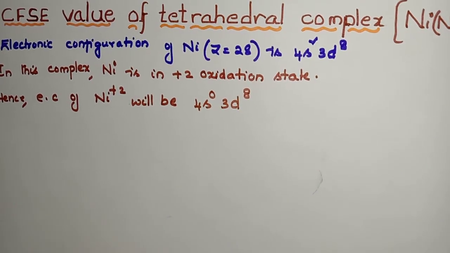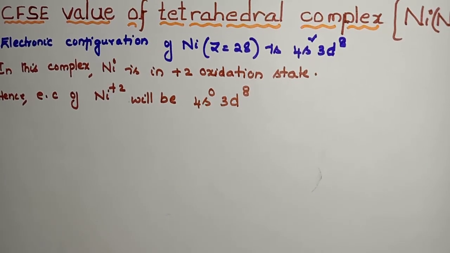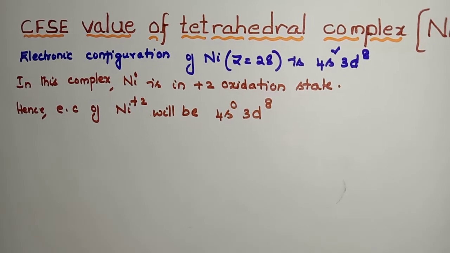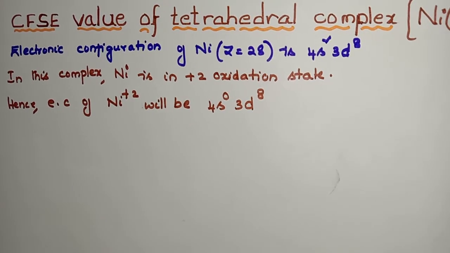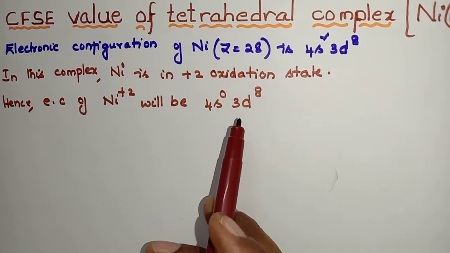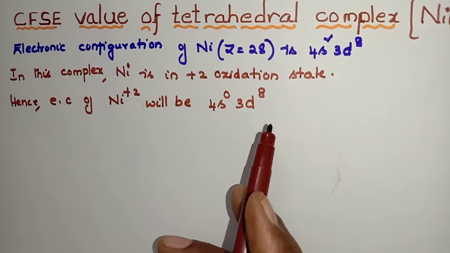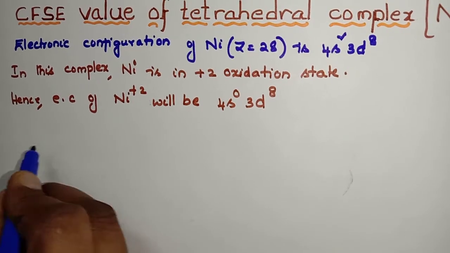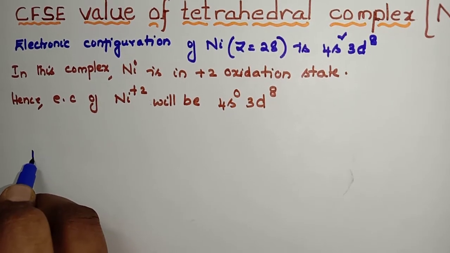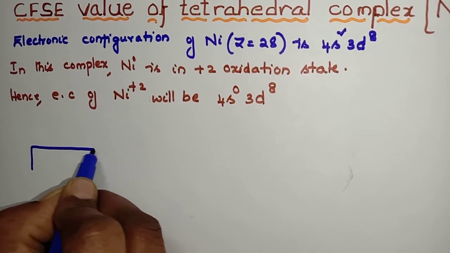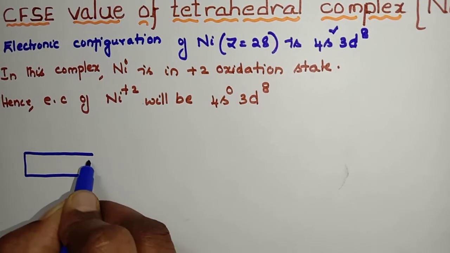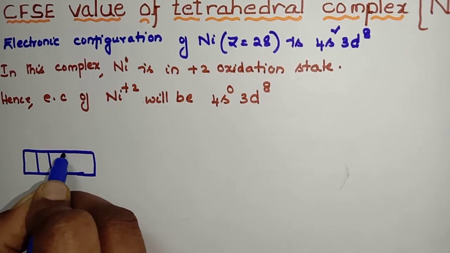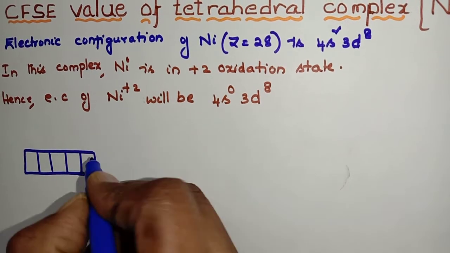Now let us see the distribution of electrons in Eg and T2g orbitals. This is a tetrahedral complex. How many electrons are there? Number of electrons in d orbital is 8. So one, two, three, 4.